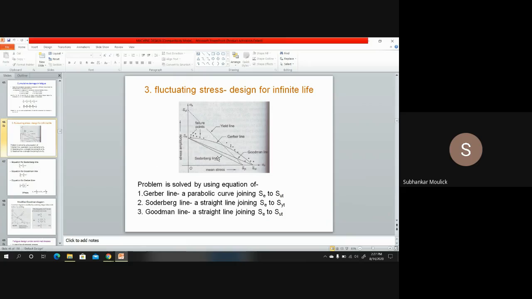But if it is outside the Soderberg line, then your material is safe for the Gerber line but unsafe for the Soderberg line. But if any point is inside the Soderberg line, say one point is over here, then that component for those values of sigma m and sigma a will be safe for the Soderberg line, Goodman line, and Gerber line also.